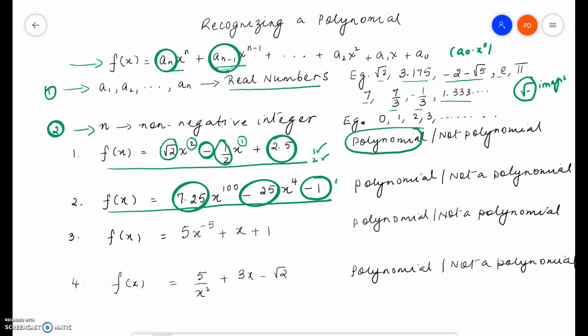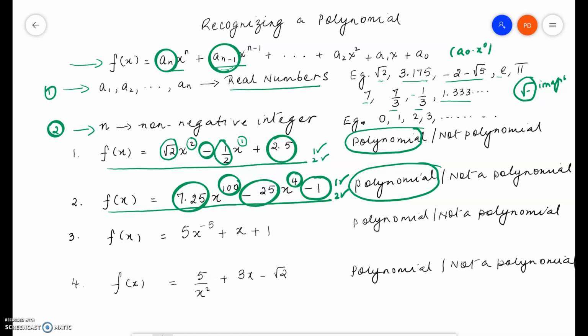All real. So the first condition is satisfied. Now the second condition says that n, the exponent, has to be non-negative. So that's pretty clear here. That's a non-negative whole number or a non-negative integer. So therefore, the second condition is satisfied, and this is a polynomial as well.